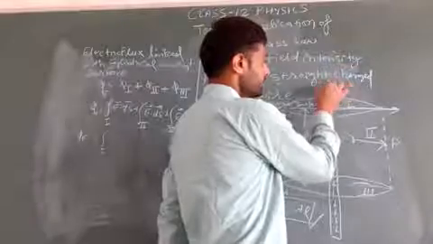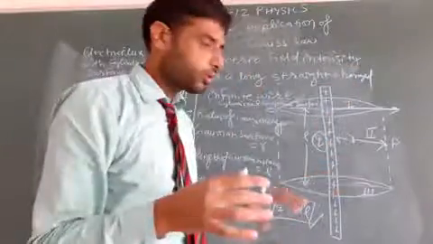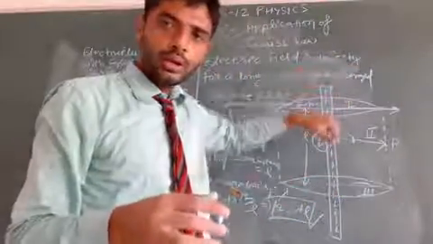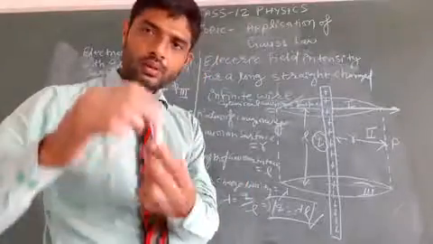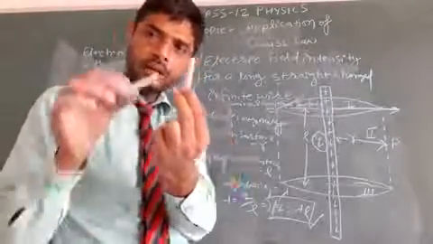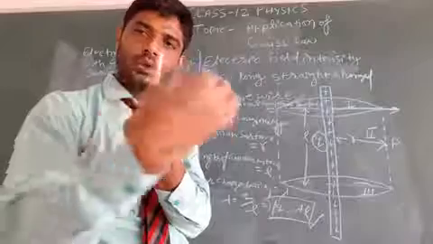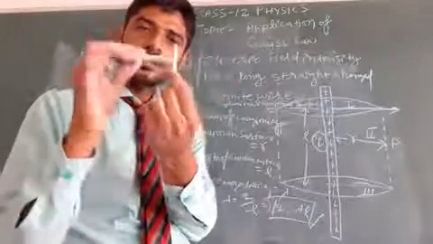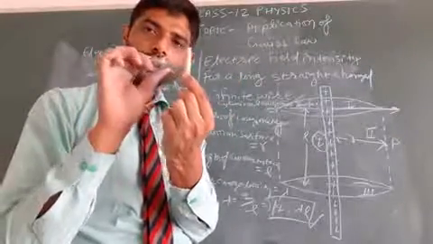This electric field line emerges from the positive charge, this wire, and this is the wire. So then electric field lines are like this, normal to the surface. This is the direction of electric field line.